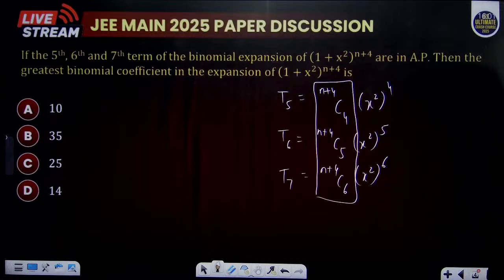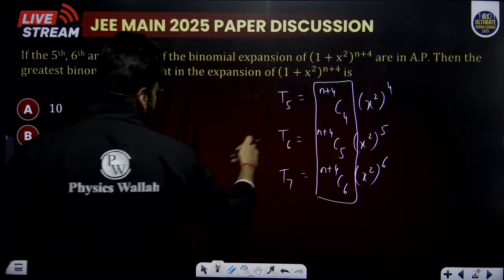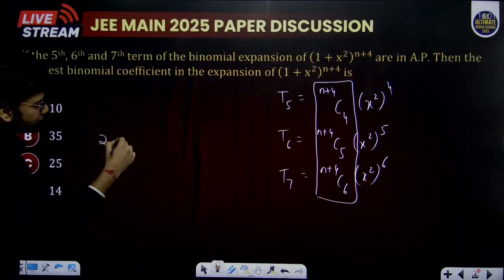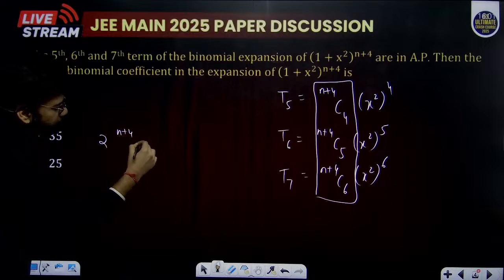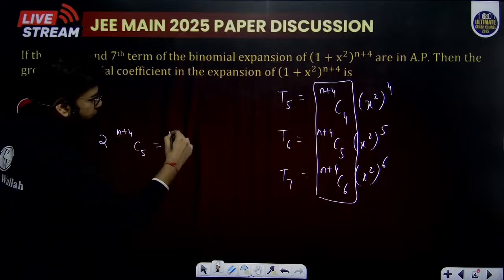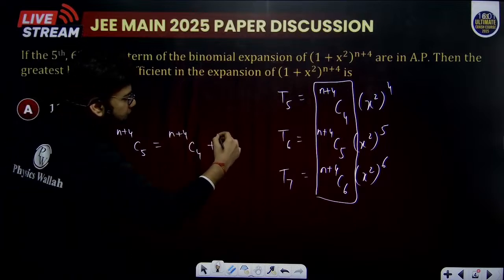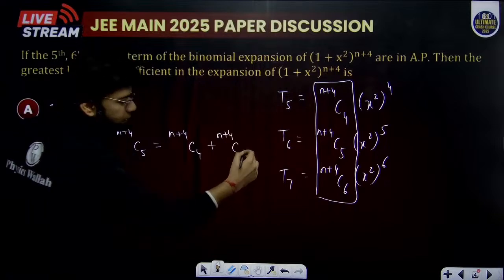So you can directly say that twice the middle term is equal to the first term plus the third term. So twice of n+4 C 5 should be equal to n+4 C 4 plus n+4 C 6.